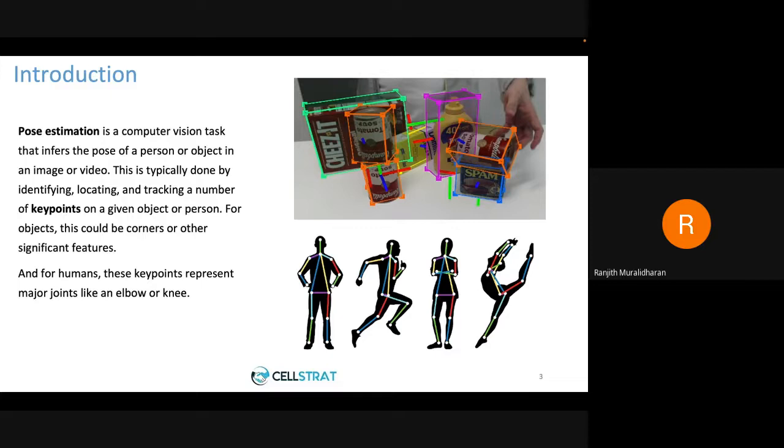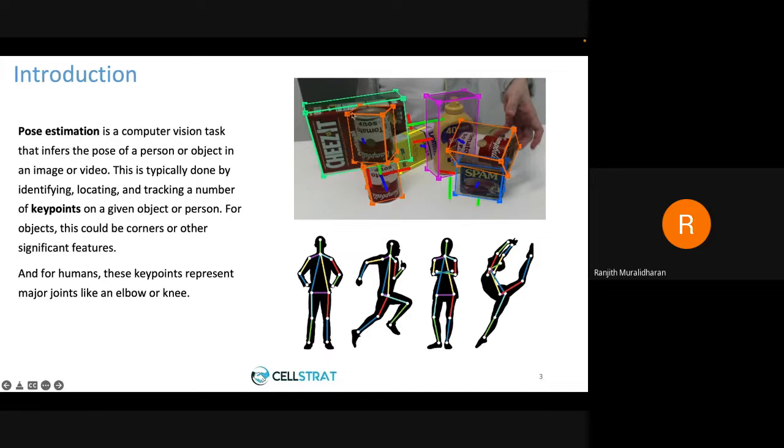All right. So what is pose estimation? It's one of the computer vision tasks. The main thing pose estimation does is, whether it be an object or a human or anything, it basically tracks a number of key points. Just look at the image on the right. These are a couple of objects, and it tracks the edges of each and every object.